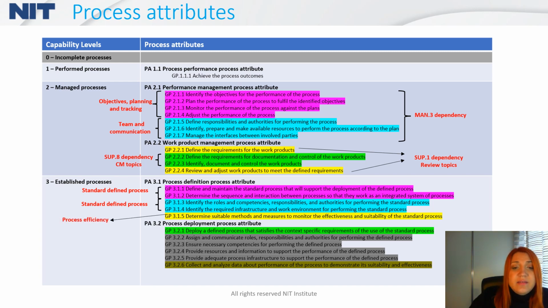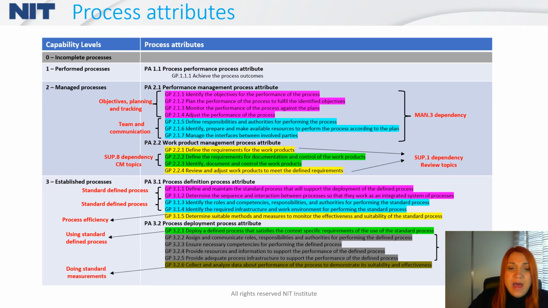And there is a way how we are measuring the process efficiency against the already defined criteria for the standard process. In the PA 3.2, there is a process deployment of those standards. It means that GP 3.2.1 is telling us how we can deploy the process to satisfy the context specified requirements which are given in the previous process attributes.